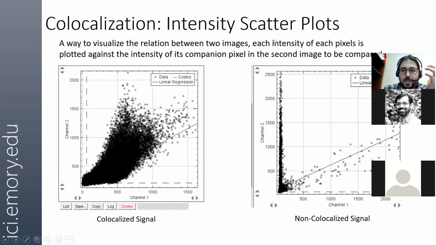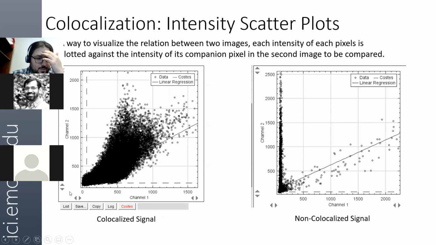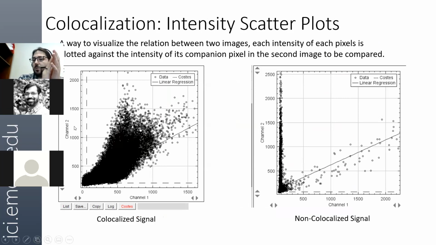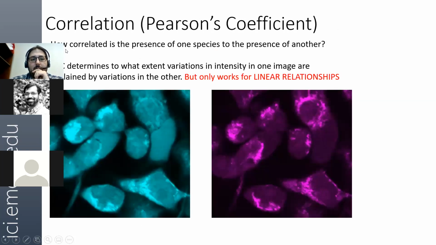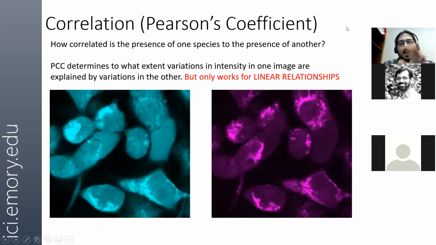If we go back here, for example, the co-localized signal on the left is linear-ish. Like you can draw a line through that data with a linear regression. That's a kind of signal that could be accurately described by a Pearson's coefficient.